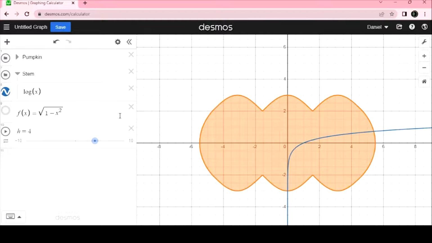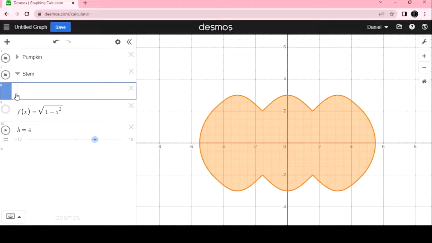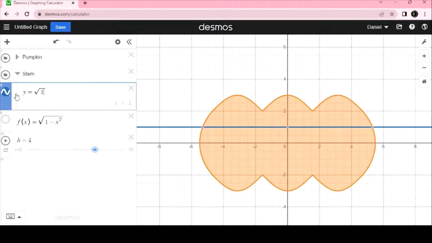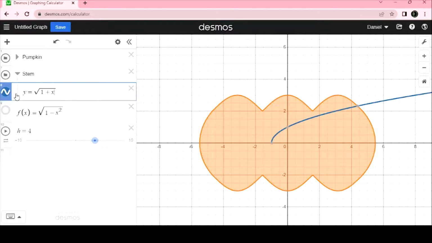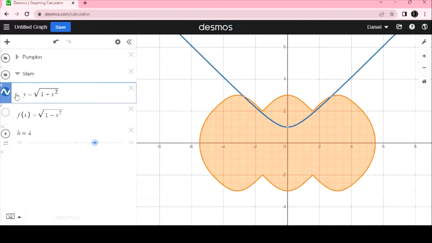Or in fact, let's just go for it. If you want the conic section, the hyperbola would be the one to go for. So that would be 1 plus x squared as our base.